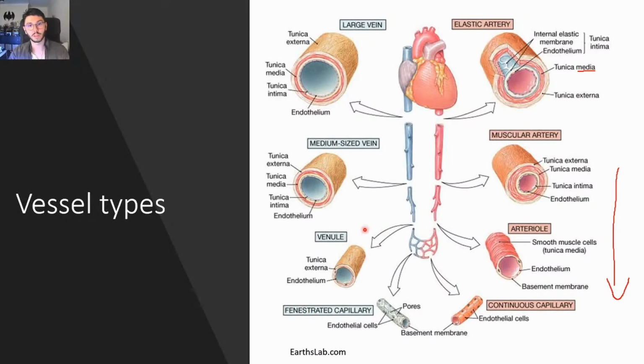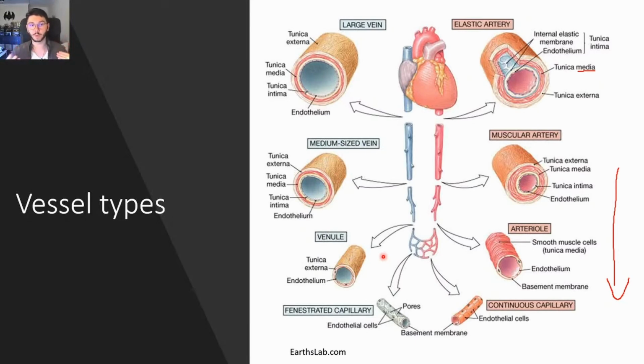Then we go to the venules, where the tunica media is very thin, almost non-existent. And this is because if you have the muscle there, it's much more difficult to move the blood back to the heart. So venules, or even smaller veins that are found in your foot and in your lower limb, are pumped by the action of the muscles. So it's the contraction of the soleus muscle in the leg which pumps the blood up.